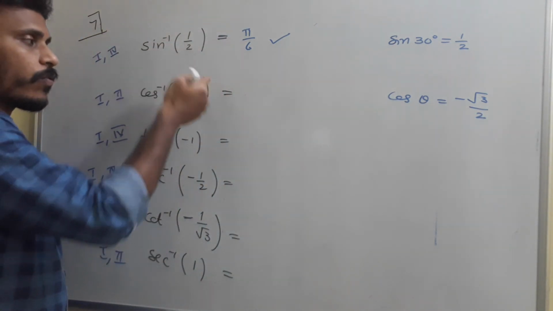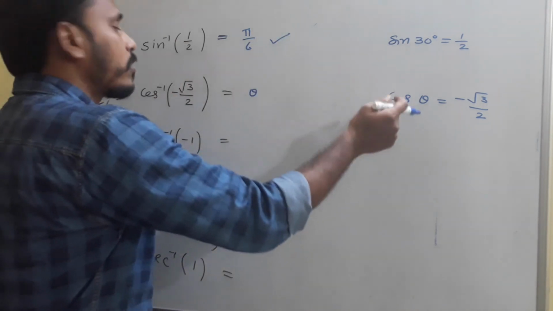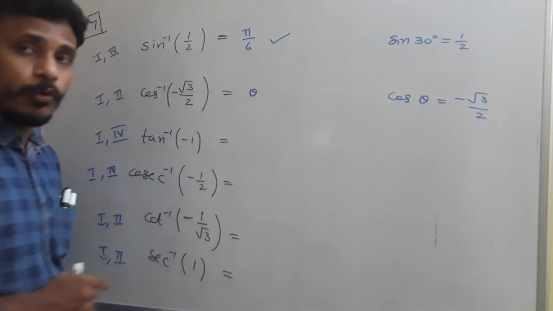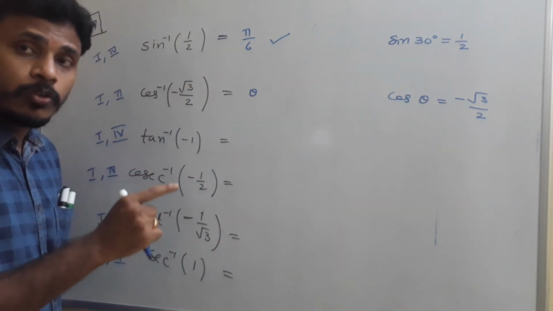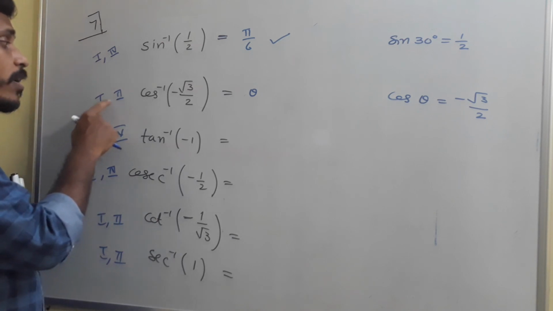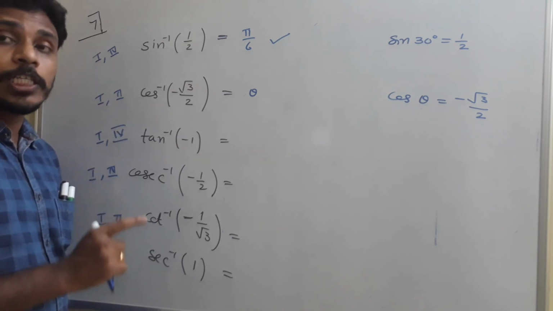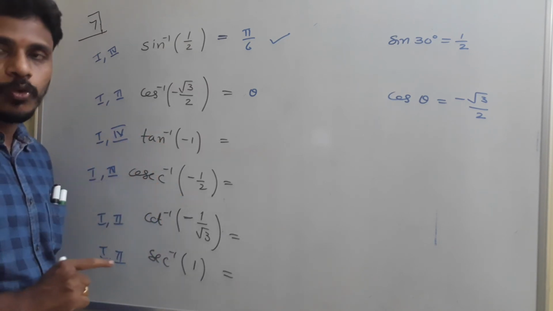We don't know its value. This minus root 3 by 2 is a negative number, which means cos theta is negative. Cos theta is negative in the first quadrant or second quadrant? In the second quadrant only. That's why you need to search for an angle from the second quadrant such that cos theta is minus root 3 by 2.